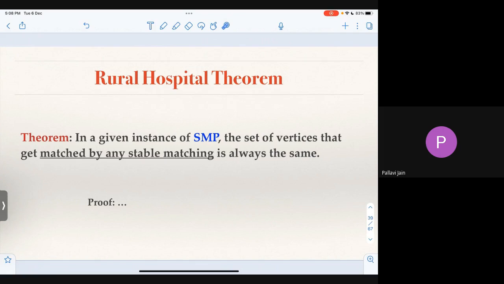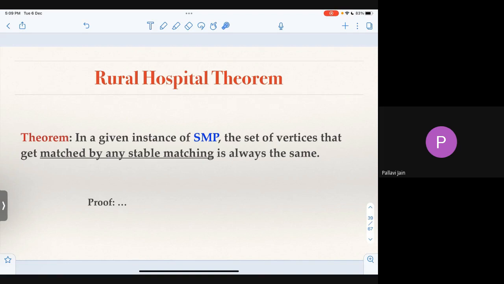The reason it's called the rural hospital theorem is because the initial test case was the New England residency matching program. As is the case in most countries, assigning doctors to rural hospitals, or hospitals not in and around urban centers, is rather difficult, in the sense that they often have several open seats and are always very understaffed.